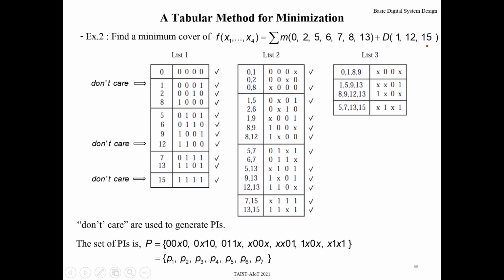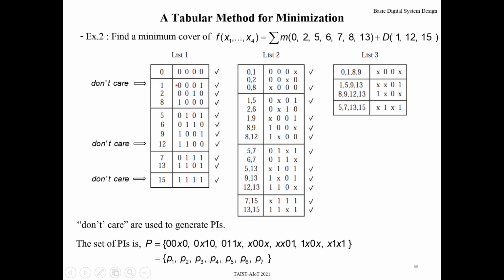So the first step is to generate all prime implicants. We list all of these, including don't care also. So for 0, 0, 0, 0 it is 1, right?